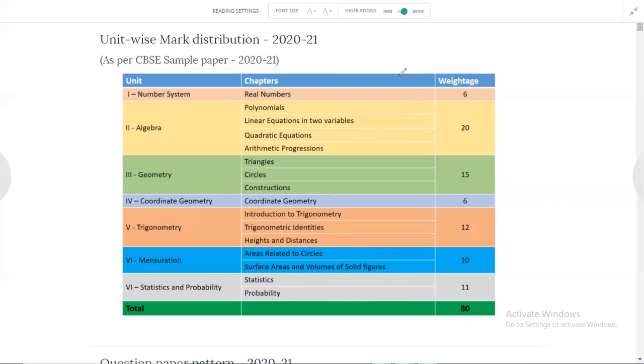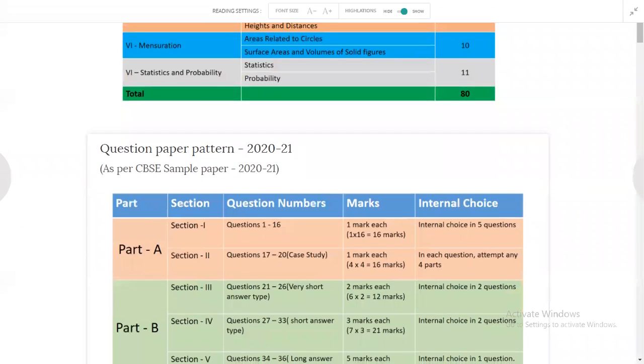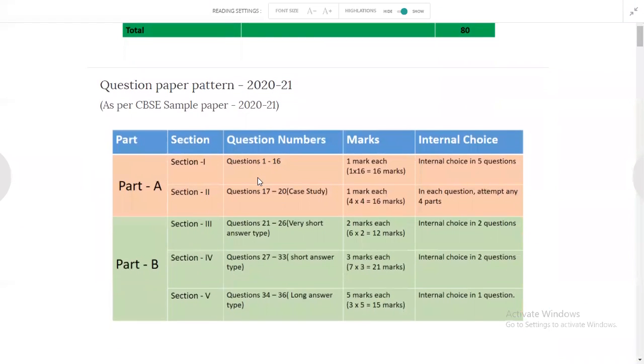So this is the overall mark distribution, and now let us look at the question paper pattern for the current academic year.